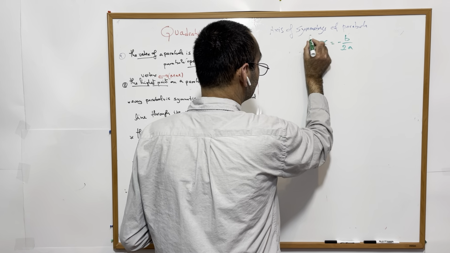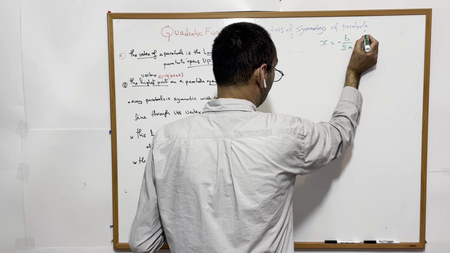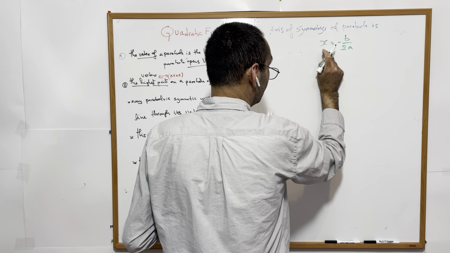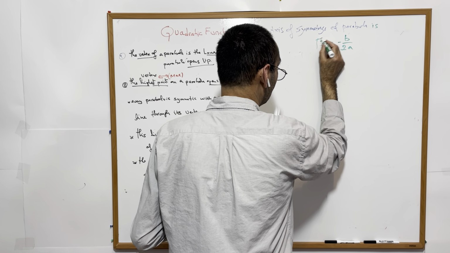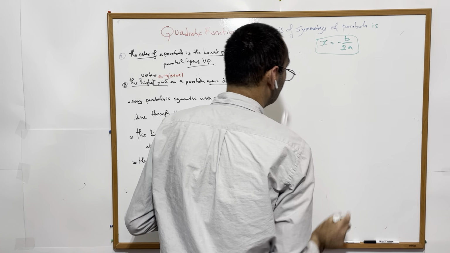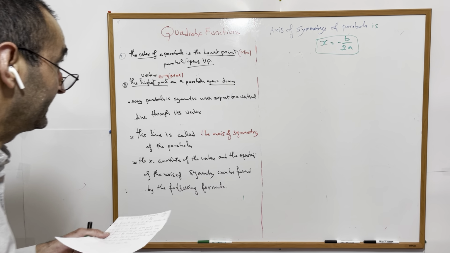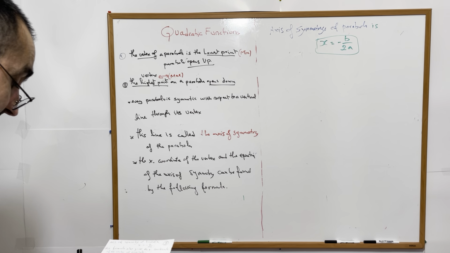This is the axis of symmetry of a parabola: x equals minus b over 2a. That is the equation of the axis of symmetry.